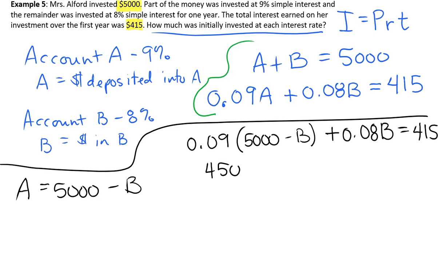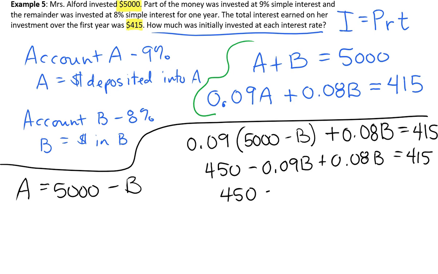So this is 450 minus 0.09B plus 0.08B equals 415. And let's see. So combining like terms, we have 450 minus 0.01B equals 415.